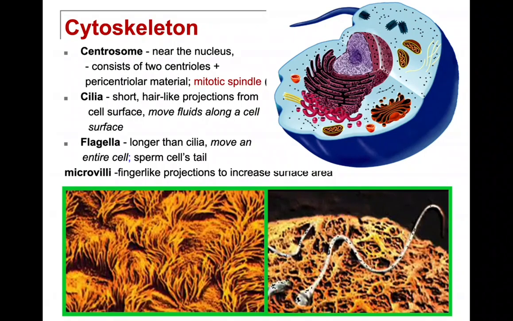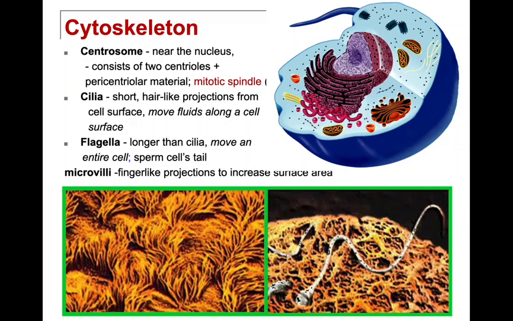So the centrosome is located near the nucleus, and it consists of 2 centrioles, and then the pericentriolar material and the mitotic spindle. Your cilia, which you can see here, are short little hair-like projections along the cell's surface. In human cells, they're going to move fluids along the cell's surface.